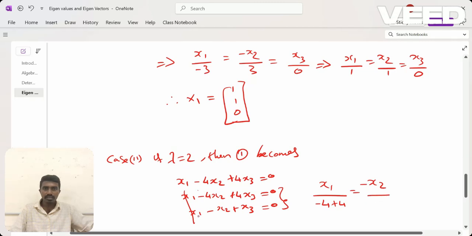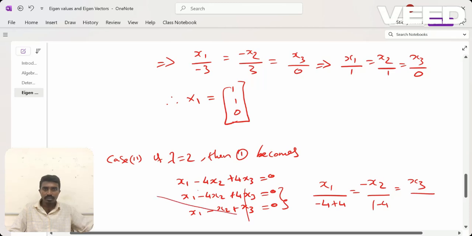Always put minus, then remove the x2 column, then the remaining determinant. So here 1 into 1, and then 1 into 4, so minus 4, equal to x3 divided by. So now remove the x3 column, then find the remaining determinant.